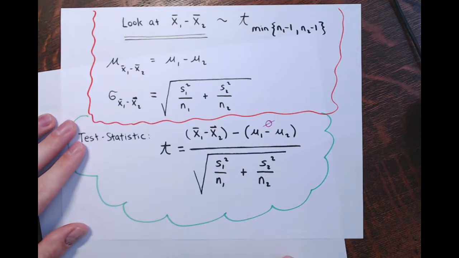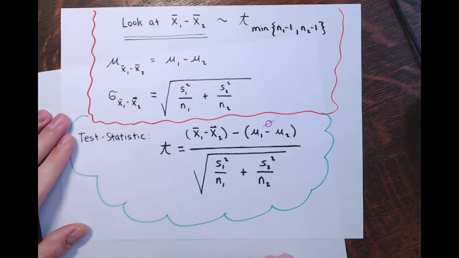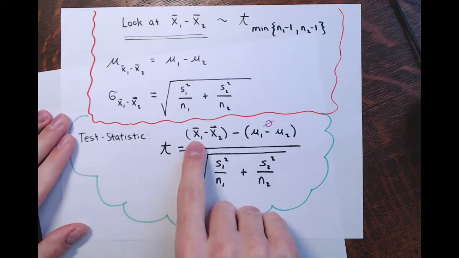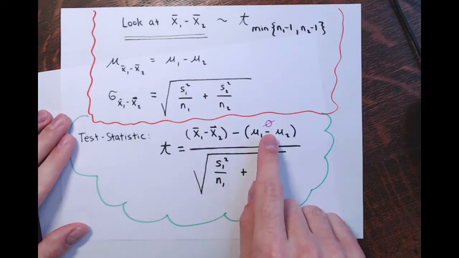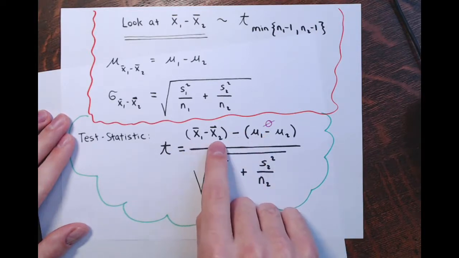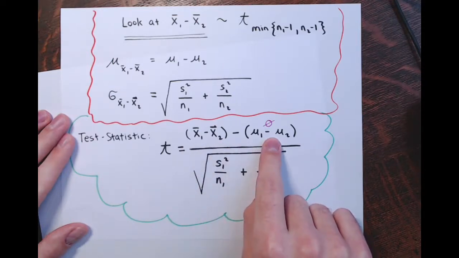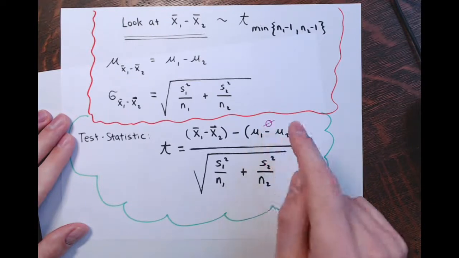So you find both of these, and whichever one's the smaller of the two is the number of degrees of freedom for your t-distribution. And the test statistic was the difference in your sample means minus 0. So really just the difference in your sample means, because you're going to be assuming the population means are equal in the null hypothesis. That's why this mu1 minus mu2, I'm just saying 0.